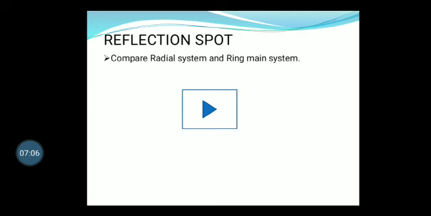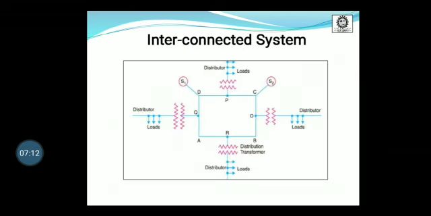Now we see the next system, that is interconnected system. When the feeder ring is energized by two or more generating stations or substations, it is called interconnected system.